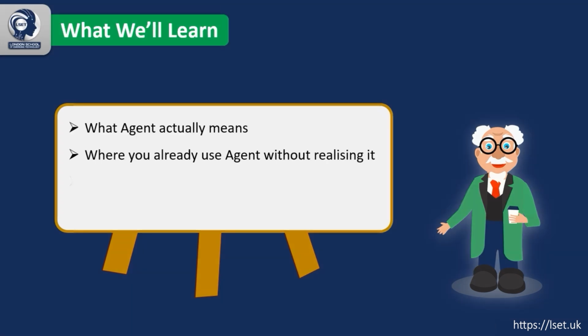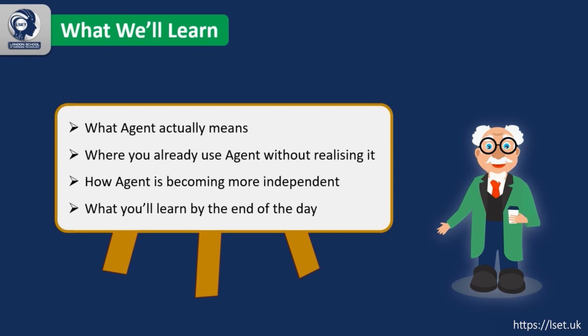Then, we will explore how agents are becoming more independent, moving beyond simple responses to making decisions on their own. Finally, by the end of this course, you will have a clear picture of what you have learned and how these concepts apply in the real world. Let us move forward and start with the basics.